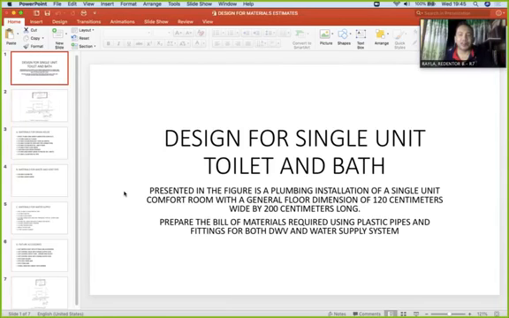Presented in the figure is a plumbing installation of a single unit comfort room. It applies in a hotel, where we have a toilet and bath. You have a bathtub, a water closet and a lavatory. So prepare the bill of materials required using plastic pipe and fittings.